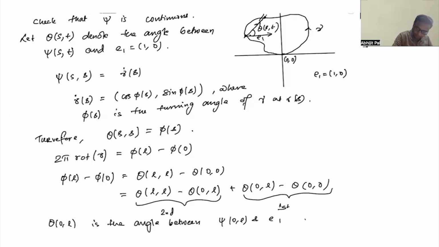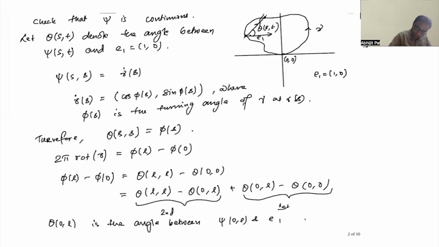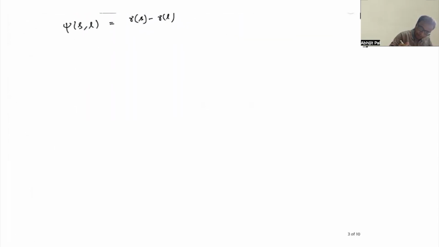Now observe, what is psi 0 L? As per the definition, it will be gamma L minus gamma 0 divided by the norm of this. Let me draw the picture again.